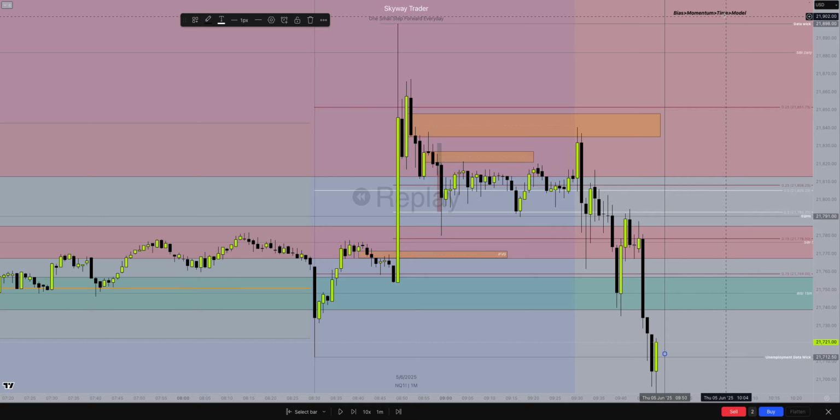So time wasn't here, and then model. You could argue a 15-second inverse down in here to get involved, but it was in discount, so not the best trade. None of these were really involved, other than momentum. Nothing else was there.